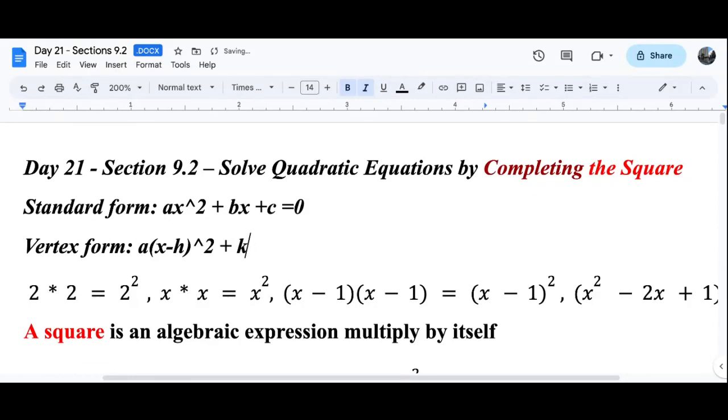So this is called a vertex form. You see, completing the square means we want to write ax squared plus bx plus c into the form of a times x minus a number squared plus k. So in this case, h comma k is the vertex.